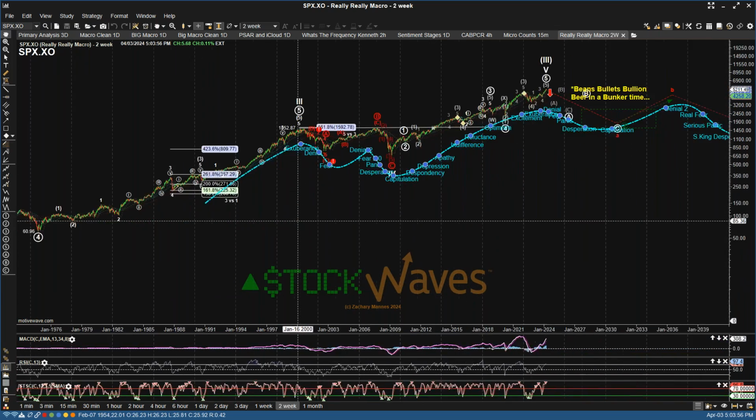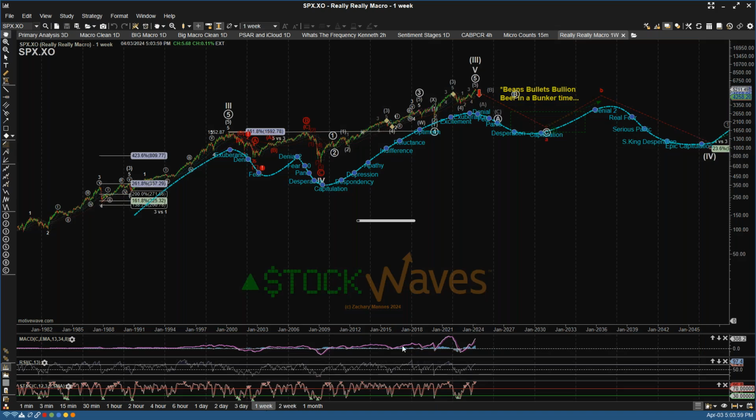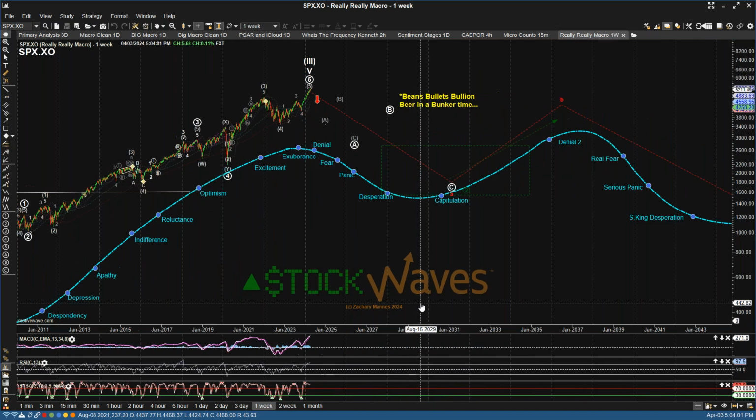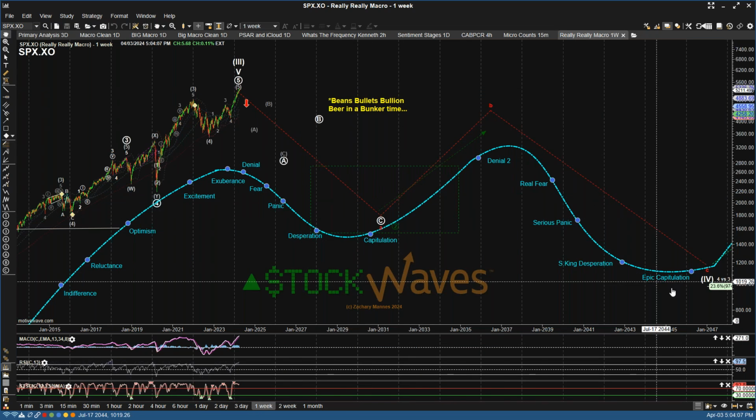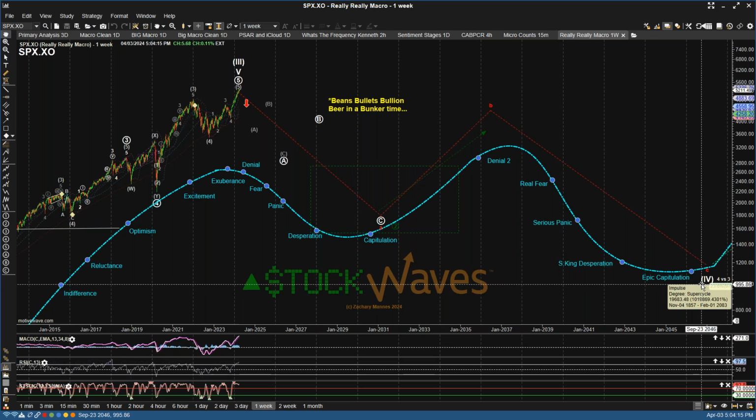So when we start talking about our super cycle degree wave 4, we can look for a couple of things. We can look for that to hold a more normal, or possibly even a more shallow consolidation relative to the size of wave 2, how deep that was.